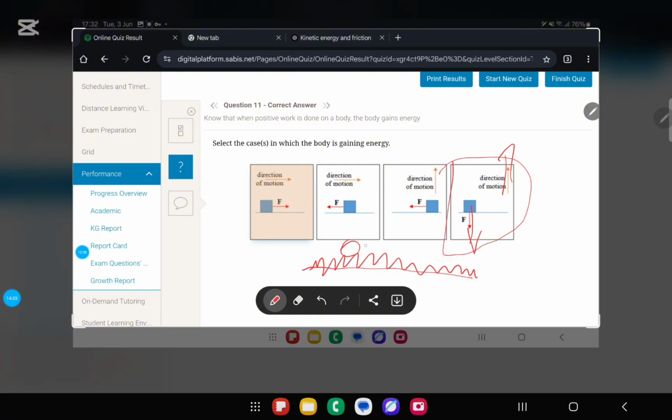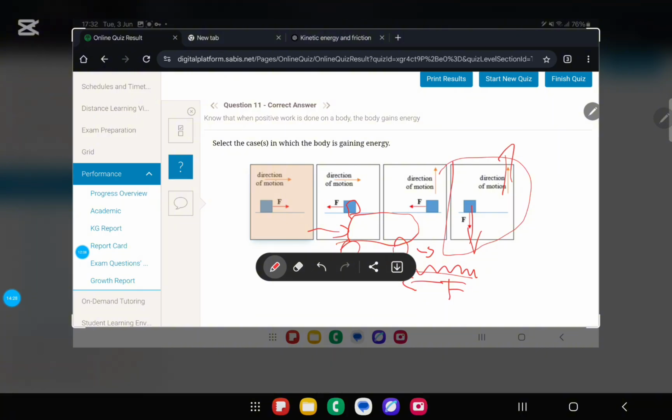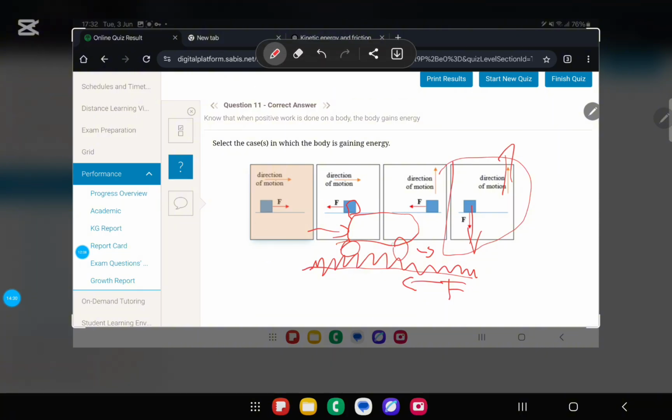Obviously, this won't go as fast as it would on a smooth floor. You will push it, but that push will barely move it, not even by 1 centimeter, because it's on a very rough floor. So what's happening here? The friction is pushing backwards. It's a resistive force. It's resisting the cart from moving forward.